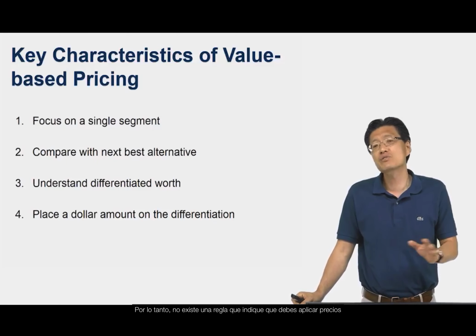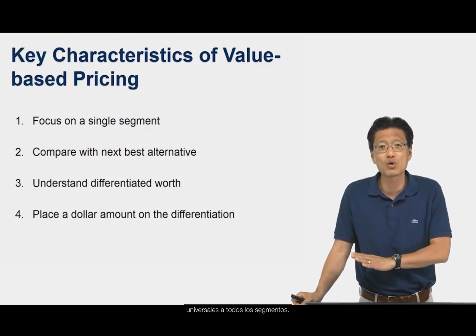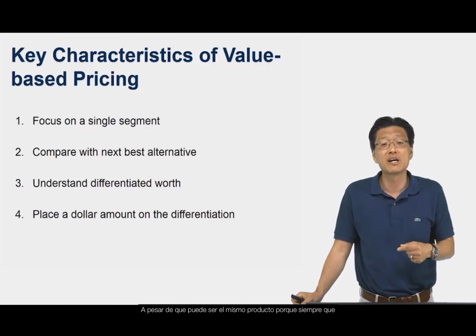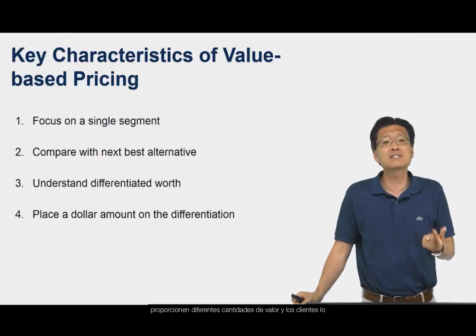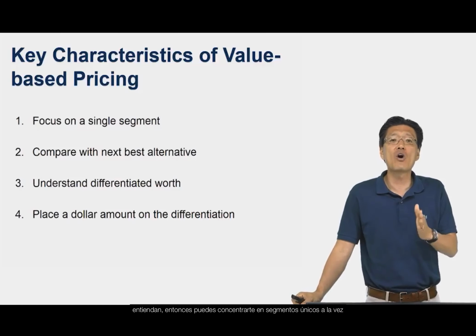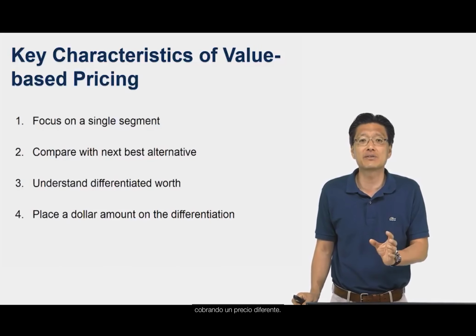So there's no rule where it says that you have to apply universal pricing to all segments, despite that you may have the same product, because as long as they provide different amounts of value and customers understand that, then you can focus on single segments at a time, charging a different price.